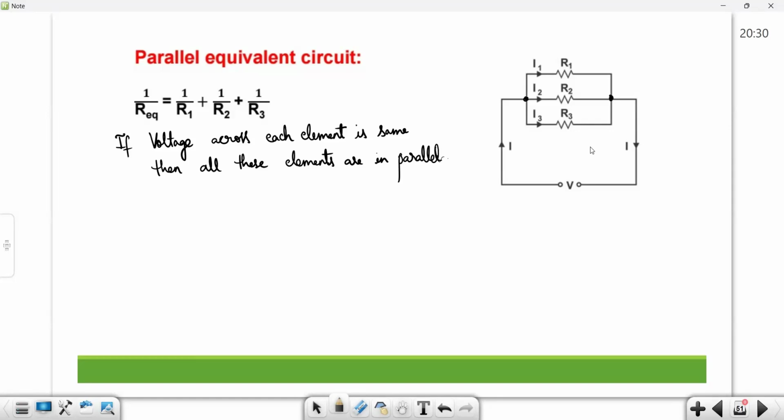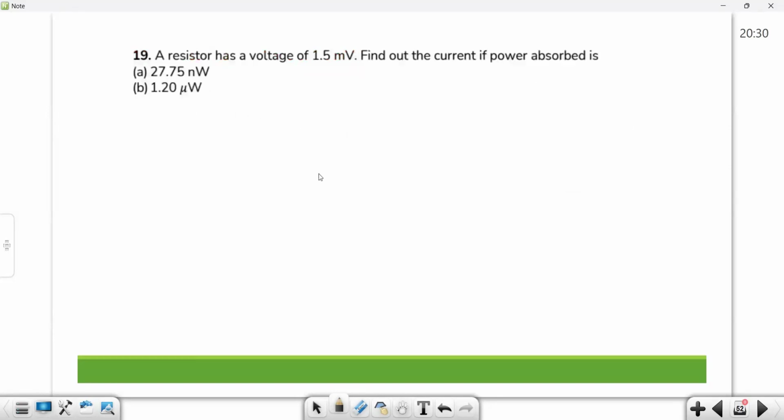Is it clear? How will you get the current I? I is equal to V by R. R equivalent you have to find from this formula: find 1 by R equivalent and then write the R equivalent value. V is equal to I into R equivalent. Clear?